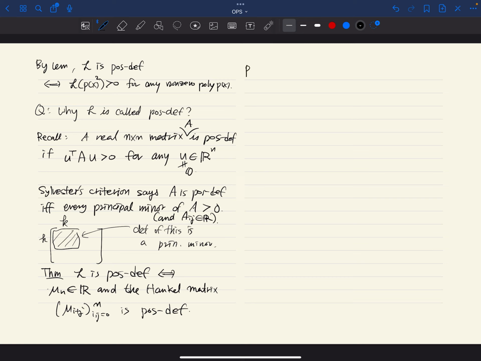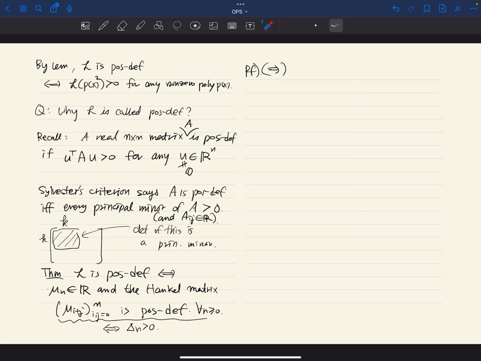Okay, so let's prove this. For all n. So this direction, positive definite, and this is real, and this is positive definite. But what does this mean? Basically this means that delta n is positive, right?